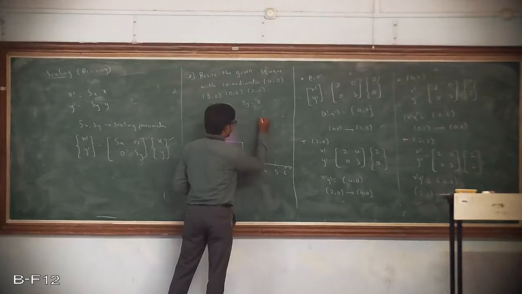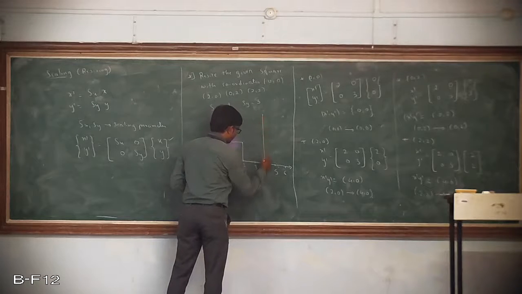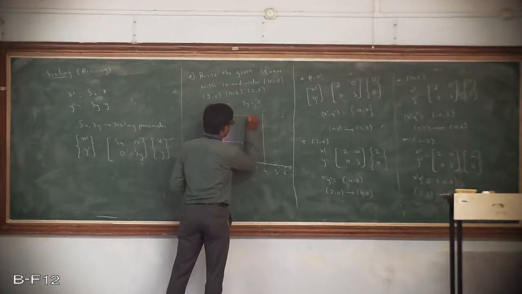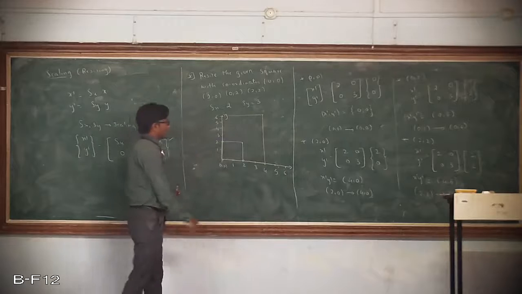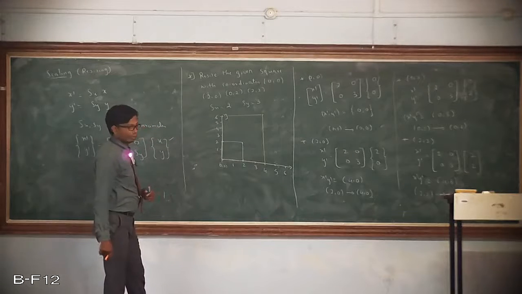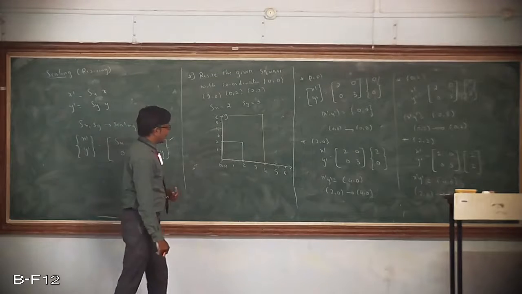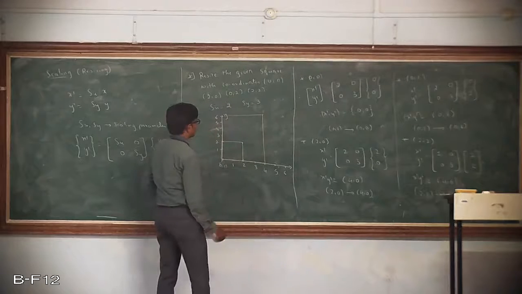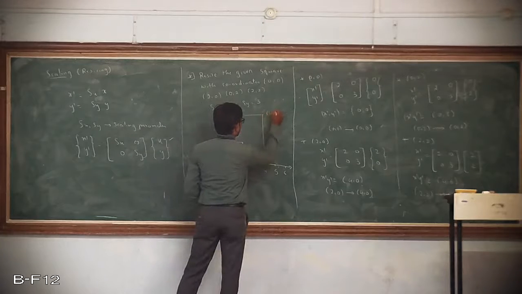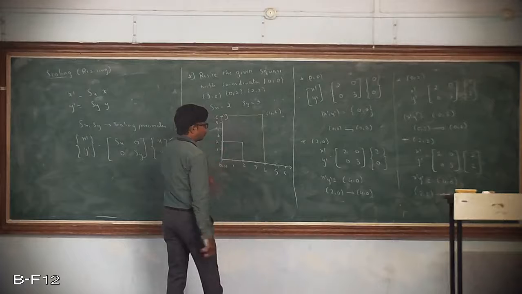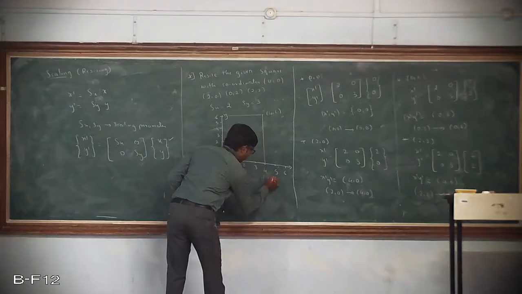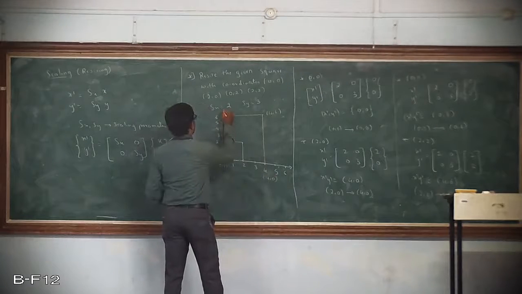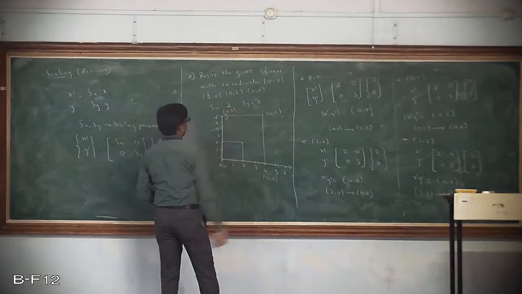So if I try to draw, this will be the new square, the new square which has been enlarged along the x-axis by 2 units and along the y-axis by 3 units. So this will be 4, 6. This will be 4, 0, and this will be 0, 6.